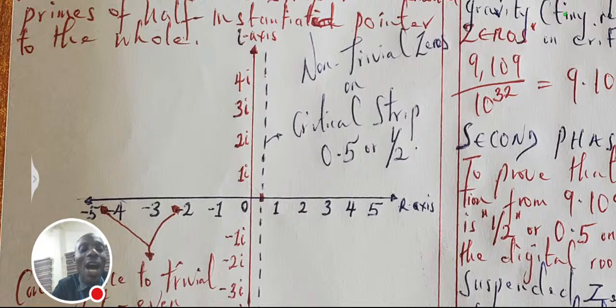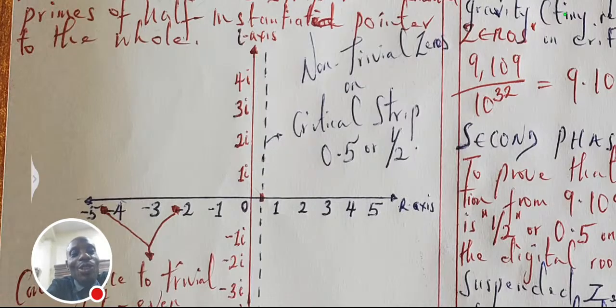So for us to have up to 10 trillion zeros on that 0.5 spot, it means that the Riemann hypothesis or the zeta function has to be genuine in that sense.